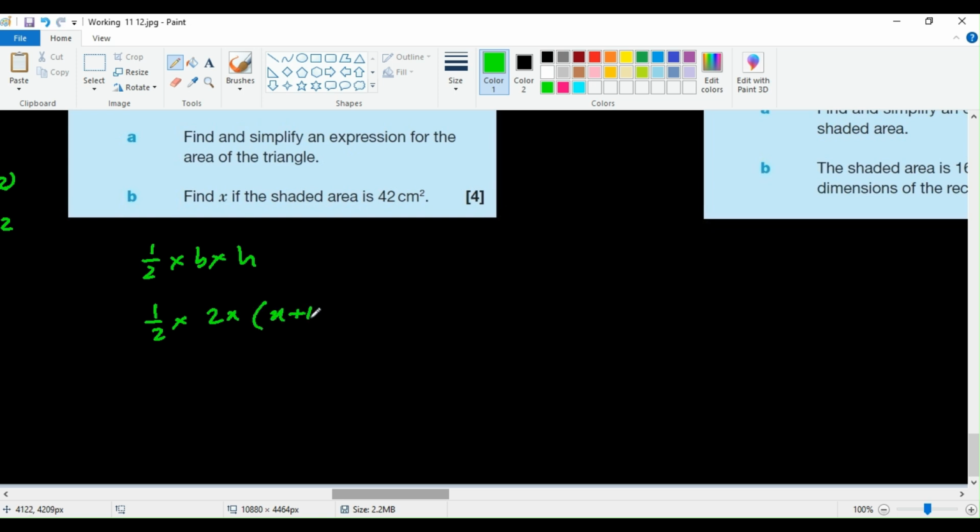x plus 1. So what we do here is 1 over 2 times 2x plus 2. This is not an x actually, I should erase this.